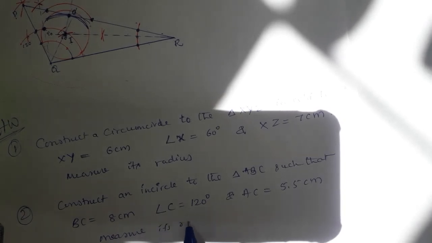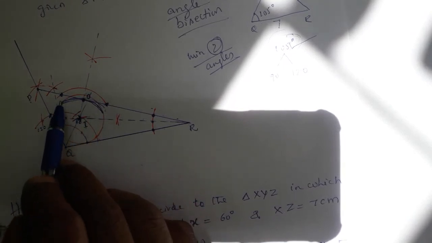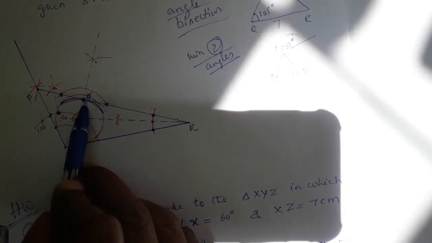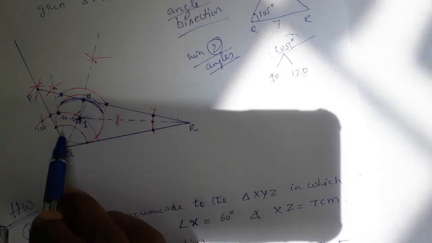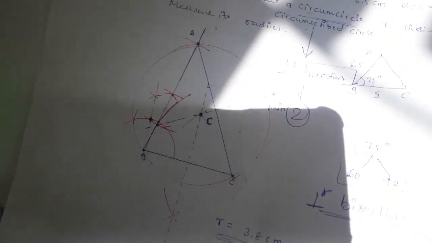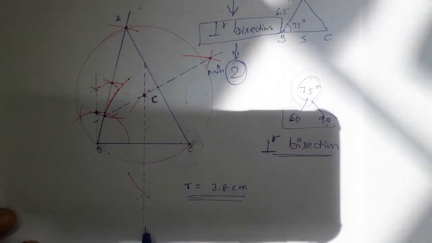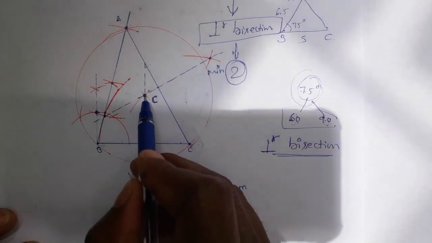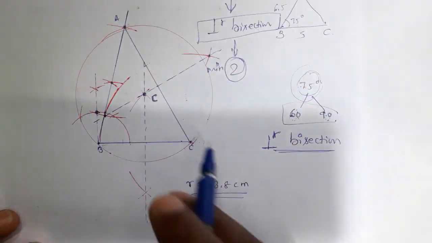Measure its radius. So remember always, for the incircle one extra step is there: from I you have to draw one arc, then get two more arcs, then this point. If you join that I and that line, you get this point. From that point you have to draw the circle. But for the circumcircle, that step is not there. For the circumcircle, directly take more than half, draw the first perpendicular bisector, the second perpendicular bisector, where both meet, that is C. From C straight away you can draw the circle passing through the 3 vertices.